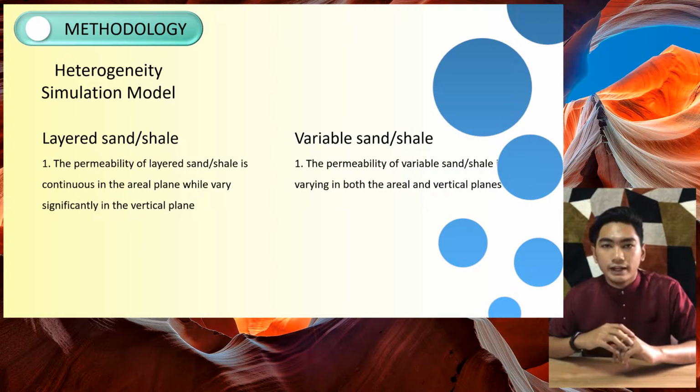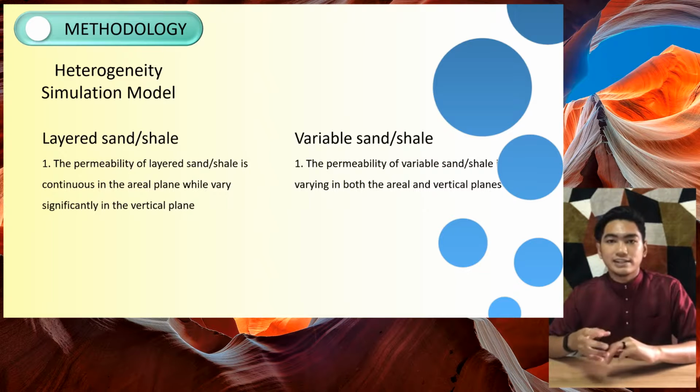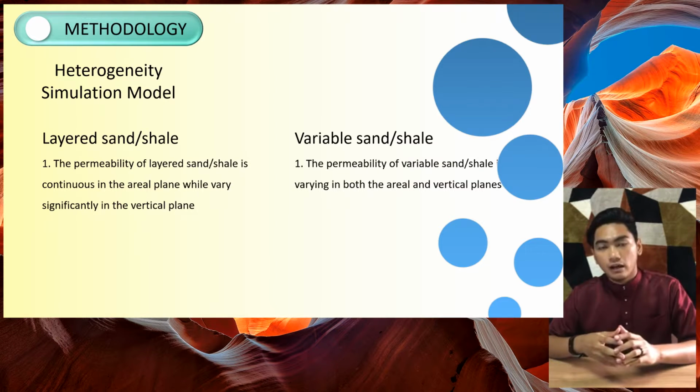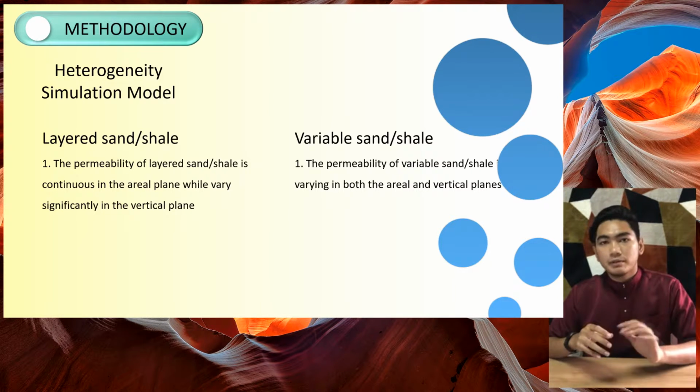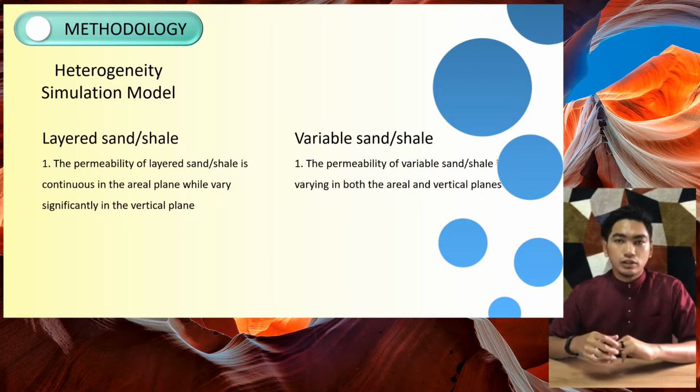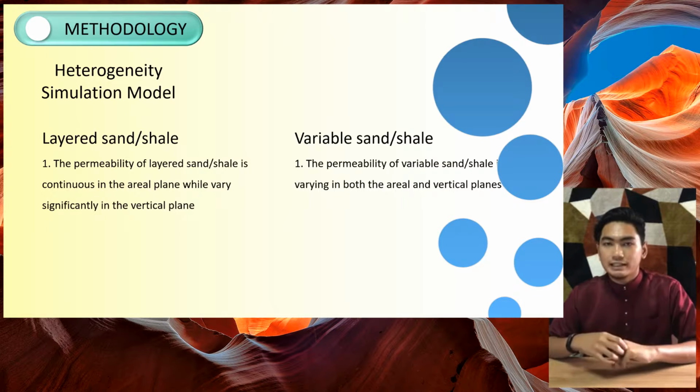So it means that for layered sand shale there are 5 equally likely realizations, or ELR, and the variable sand shale also has 5 different ELR. For all ELRs, the parameters used are the same, but only the permeability differs.